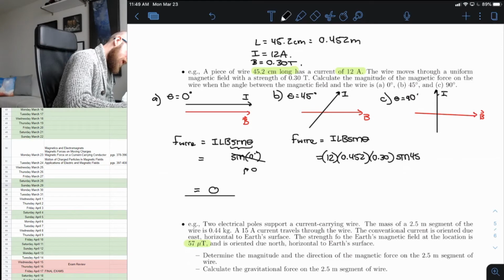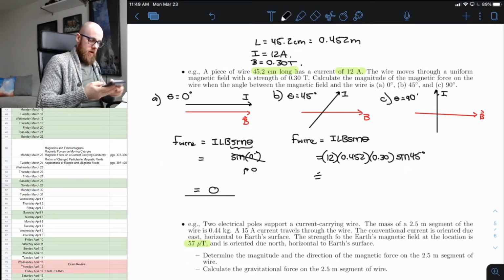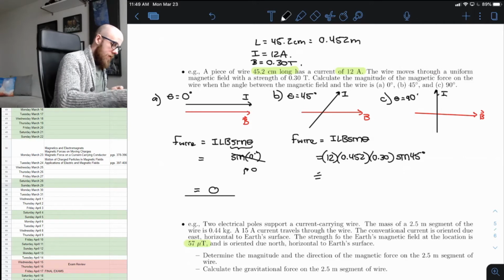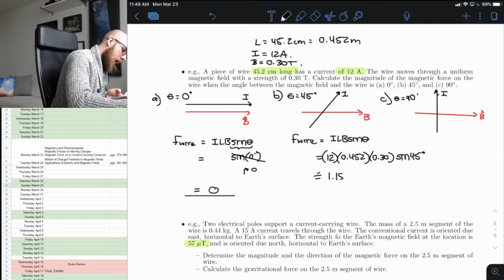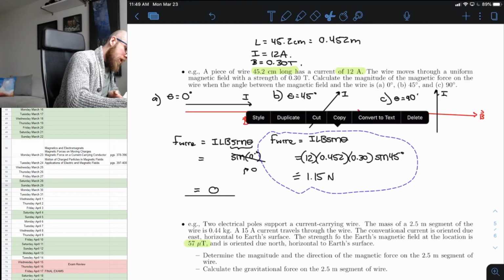All right, let's finish this guy off here. So sine 45, 12 times 0.452 times 0.3. So I get a value of 1.15 newtons. Okay. And let's do the last one here, just to see how it'll change.